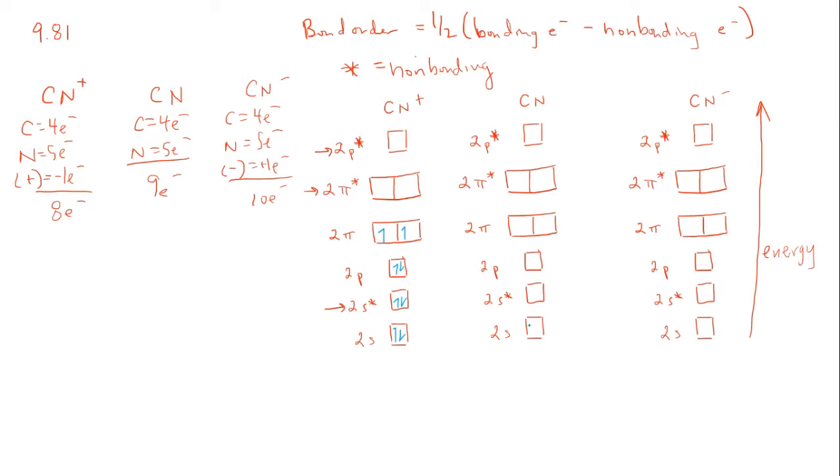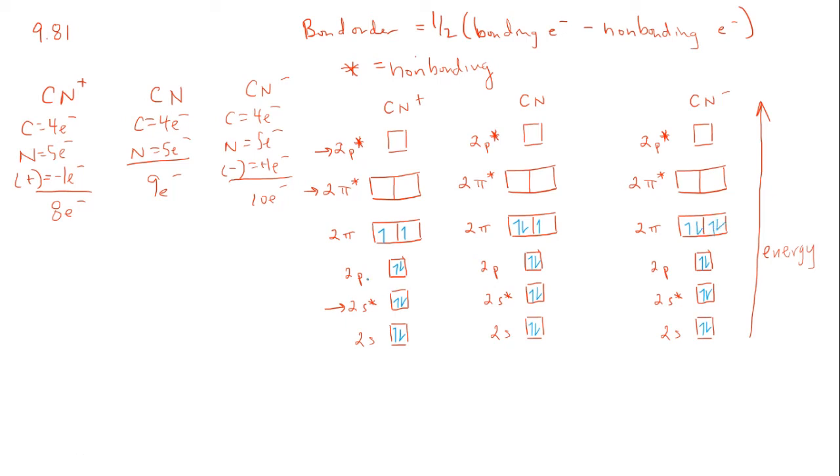For the next molecule, we have 9 electrons: 1, 2, 3, 4, 5, 6, 7, 8, and now, because we have 9, we can pair up those electrons in the 2 pi orbital. And for the cyanide anion, we have 10 electrons to place, and hopefully you can see the trend here: 1, 2, 3, 4, 5, 6, 7, 8, 9, and 10.